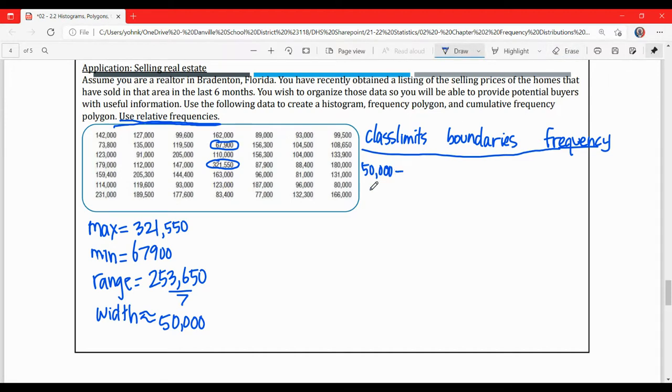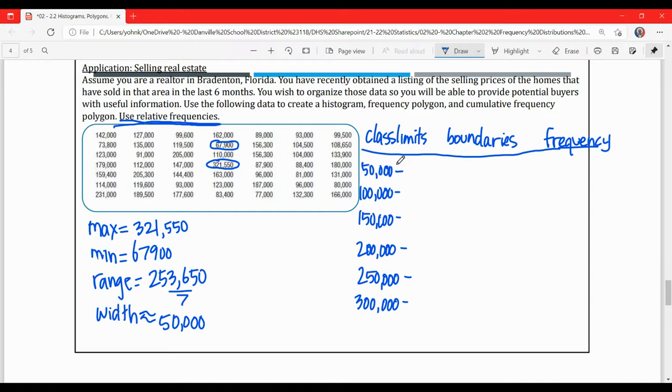So 50,000, then 100,000, then 150,000, 200,000, 250,000, 300,000, and 350 would be our max. So yeah, we don't need to do any of that. So it looks like I have 6 classes, but that's okay.